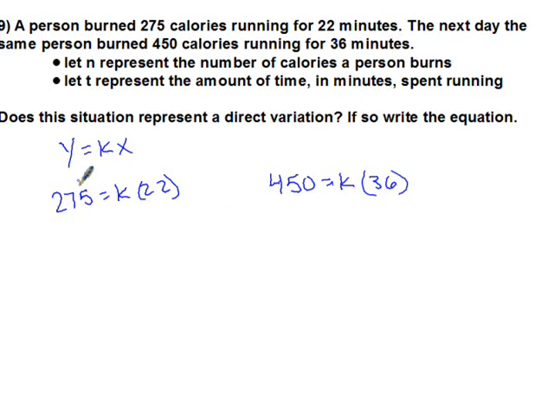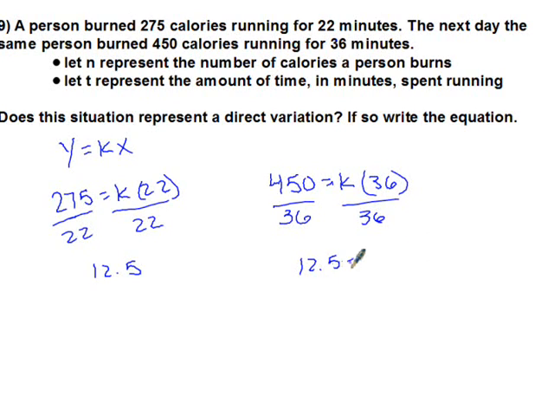I've got to make sure I have calories in the same spot and minutes in the same spot in each equation. Over here, I'm going to divide by 22, and 275 divided by 22 is 12.5. Over here, I'm going to divide by 36. 450 divided by 36 is 12.5.